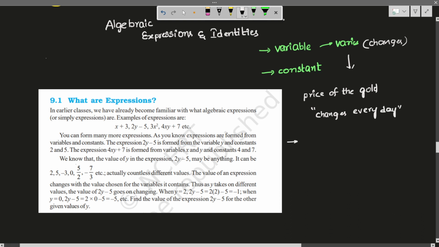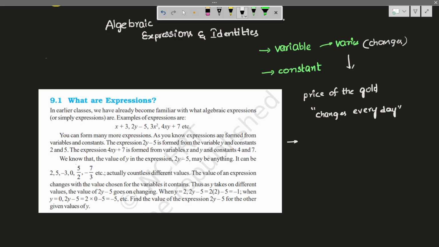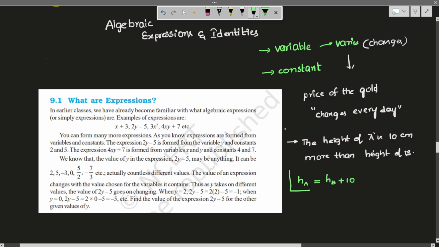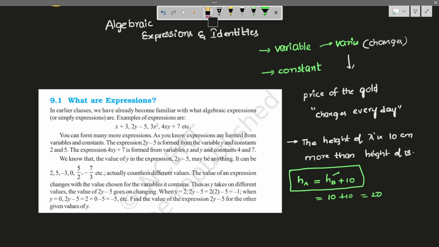For example, in mathematical terms, the most common way of asking a question which includes variables is: the height of A is 10 centimeter more than the height of B. If you write an expression, height of A equals 10 centimeter more than height of B. That means if height of B is 10, then height of A will be 10 plus 10, 20.